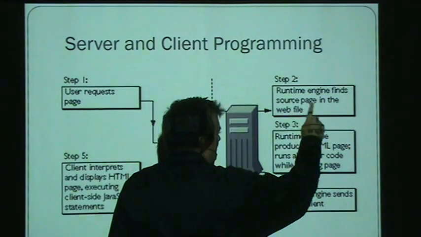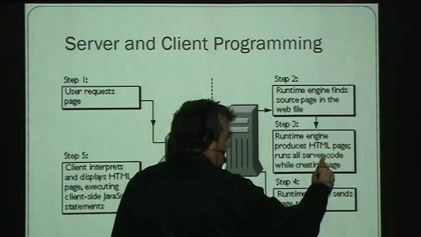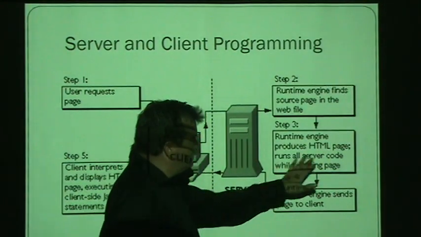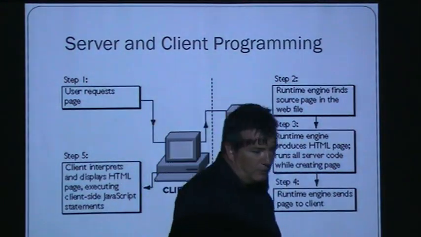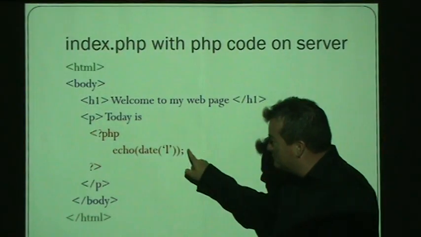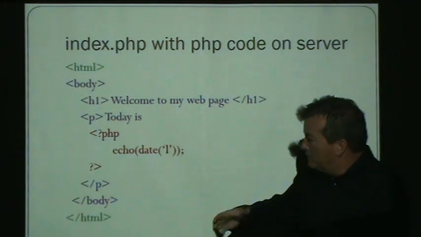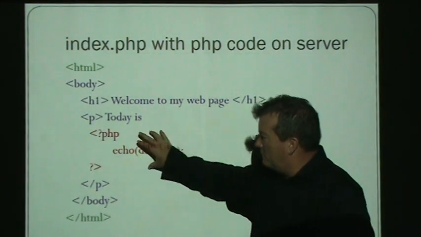Amazon, as a runtime message, finds the page, and the runtime engine produces the HTML page, running all server code to create it. So it ran this code on the server, and the results of the code were plugged back into this spot.